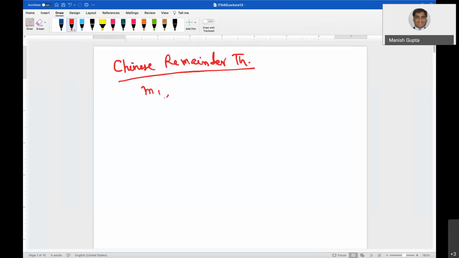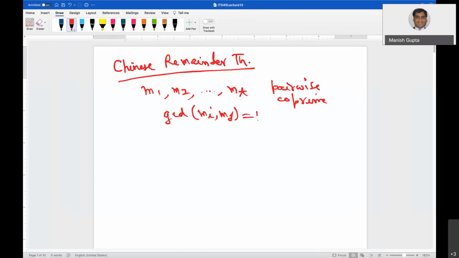If m1, m2, ..., mt are pairwise co-prime, that means GCD of mi, mj is 1, where of course i is not equal to j.